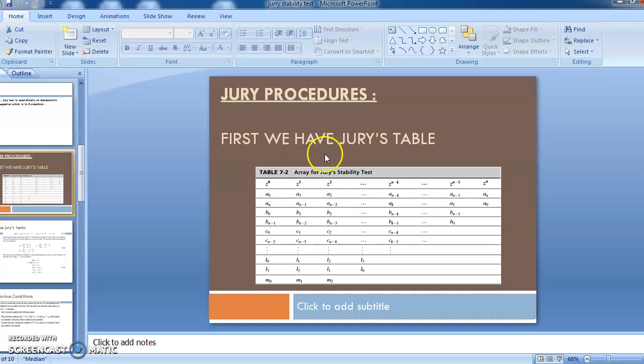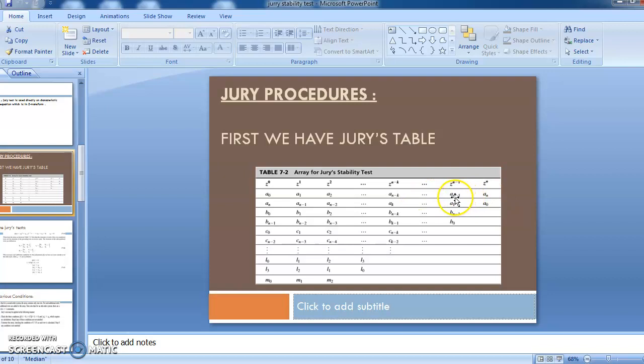Fine. Now the second row of this Jury table is simply the inverse of the first row. In the second row, the first element will be an, which is the last element of the first row.